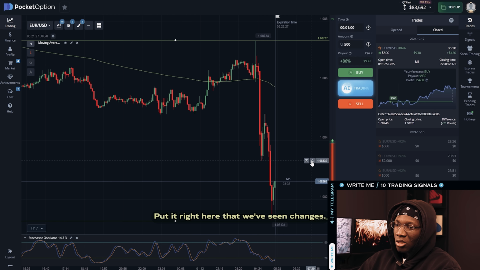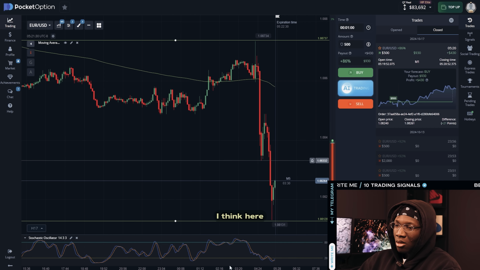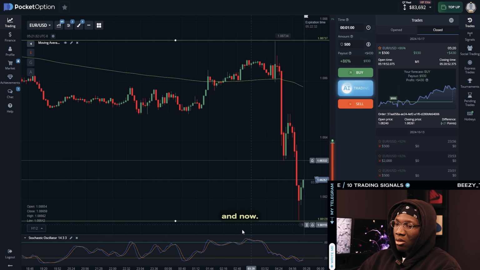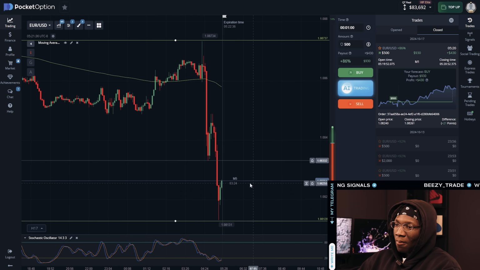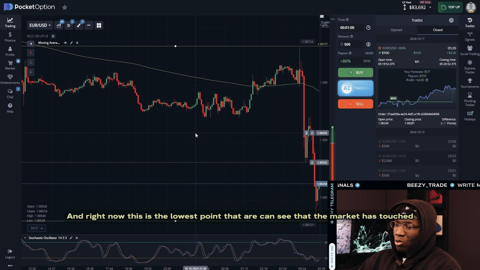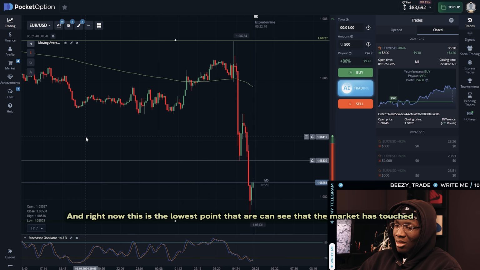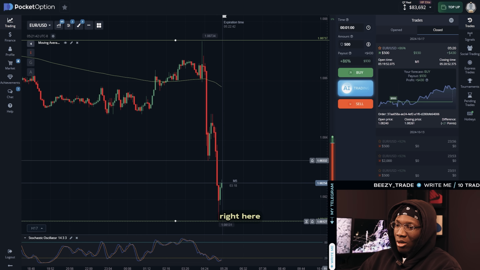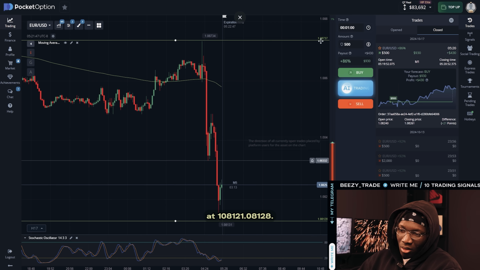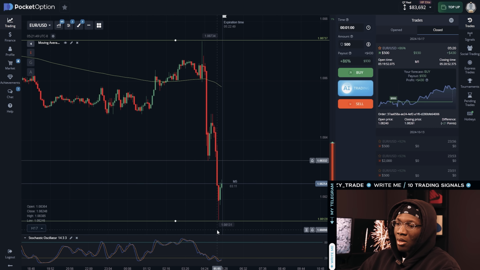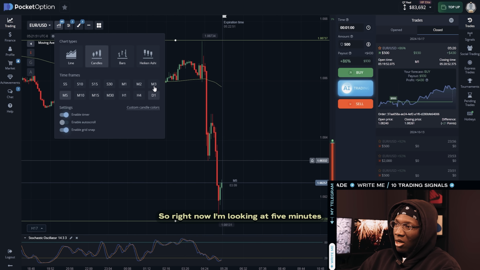Now we've seen changes here, and what I've basically done is I've broken the market down into sections, and right now this is the lowest point that I can see that the market has touched, right here at 108.128. So right now I'm looking at 5 minutes.